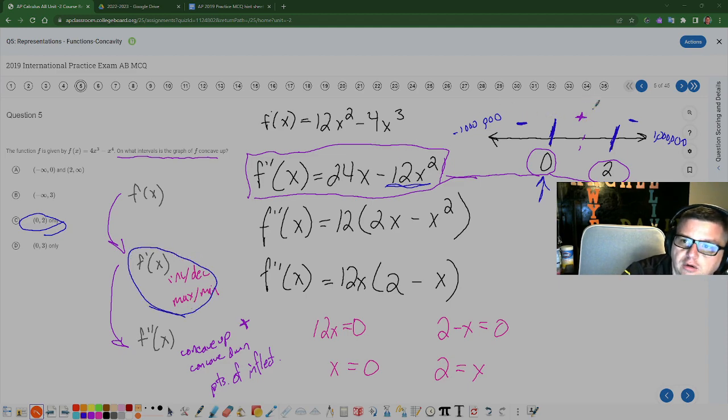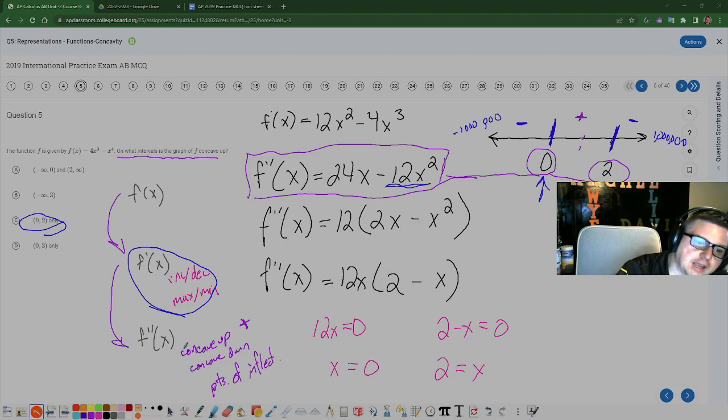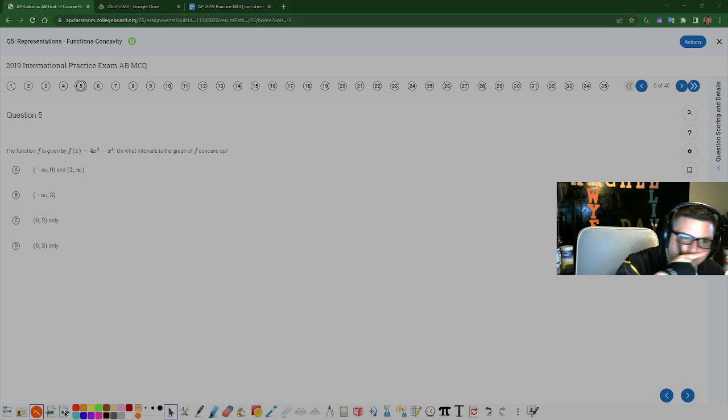And then if we're increasing and then we go to decreasing, that would be a maximum value. So if we were looking at the first derivative, not the second, there's a difference. Second tells me concave up, concave down, and then points of inflection. But the first derivative would tell you increasing or decreasing, and then max and mins. Points of inflection are just points of inflection. Hope that didn't confuse anybody, but it comes up.